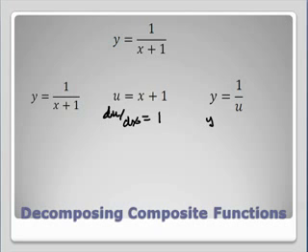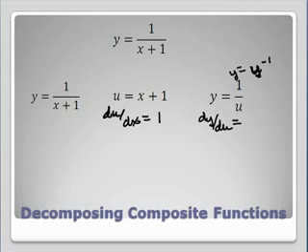Here, dy du. To differentiate this one, yes, you could use the quotient rule, but more than likely we would just rewrite it as u to the negative 1.